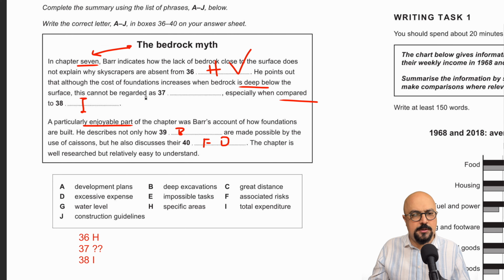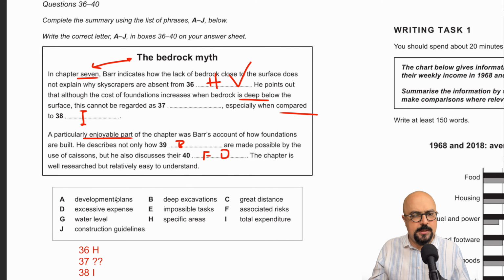This cannot be regarded as great distance, deep exclamation. No. Well, it is an expense too, compared to this expense. That could be a possibility, right? I mean, excessive expense compared to total.